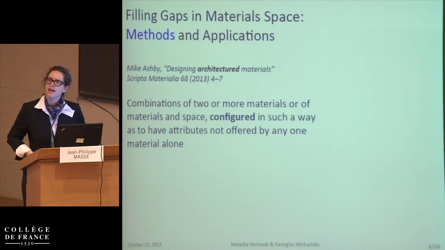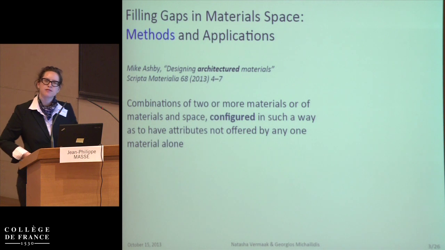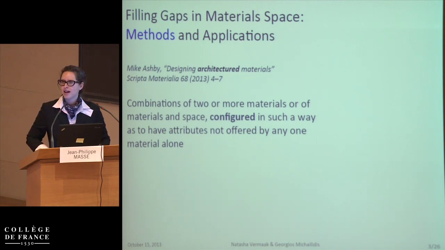I've emphasized configured here because we can benefit from many different tools that help guide us in best configuring materials in space. The addition I've made is best configuring, and that immediately lends us to ideas of optimization.